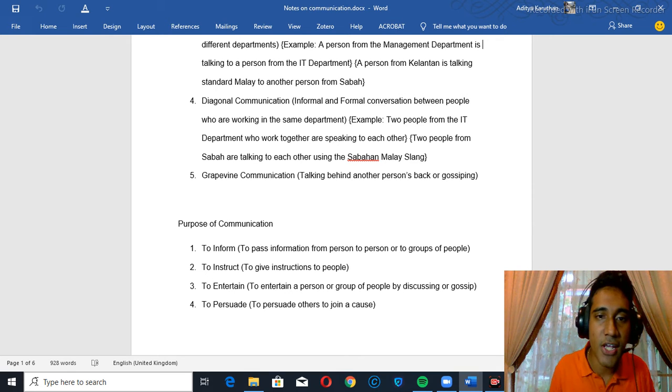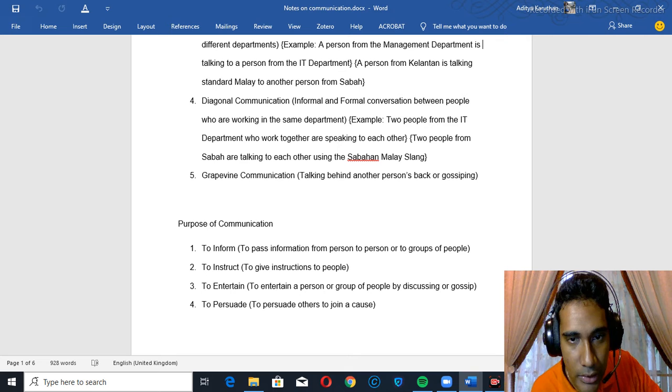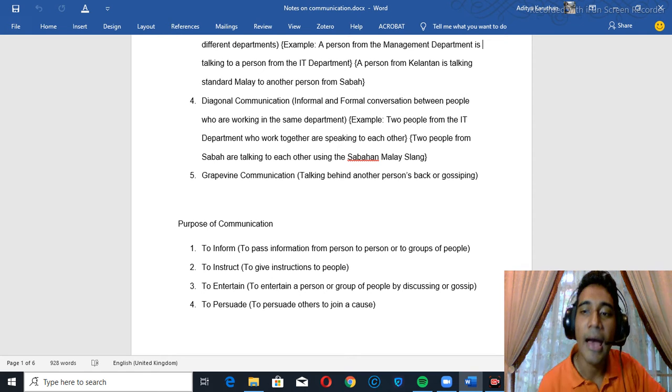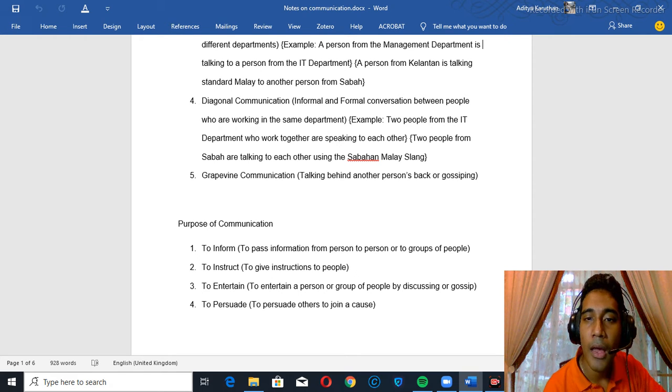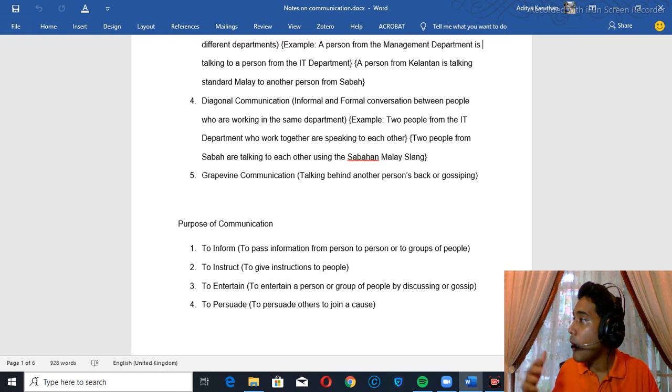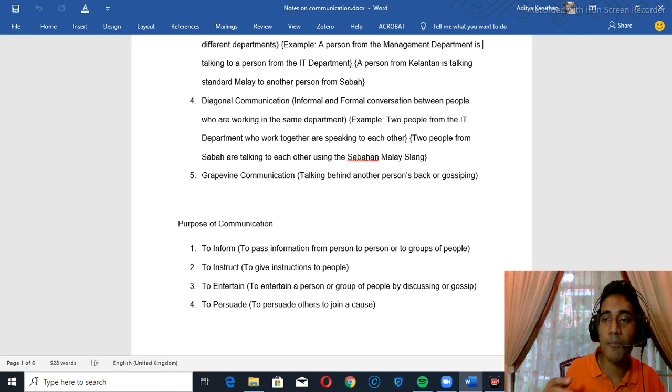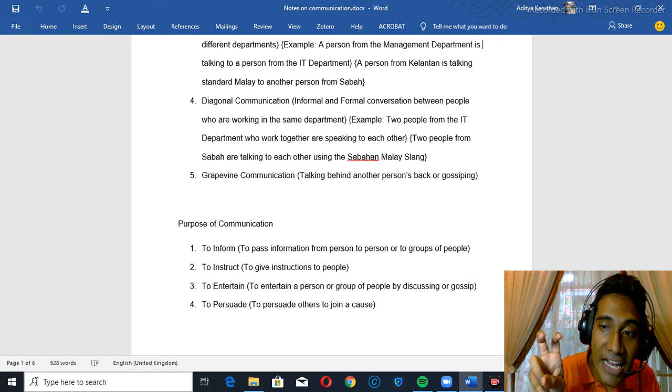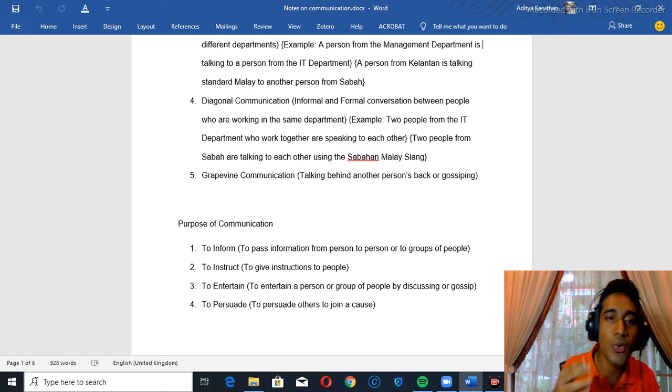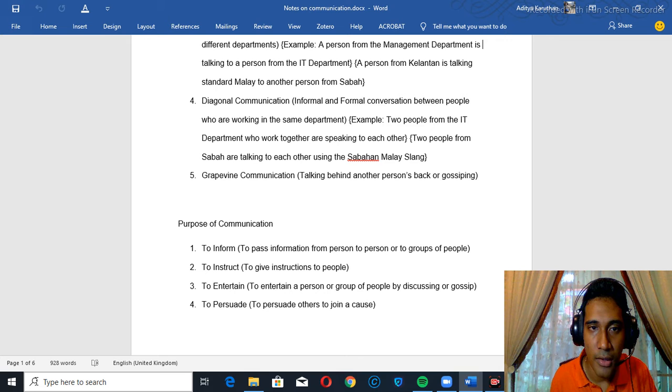Number 3 is to entertain. I am busy talking to someone, I'm busy gossiping, I'm sharing my experiences, I'm discussing with someone, to entertain and to inform.